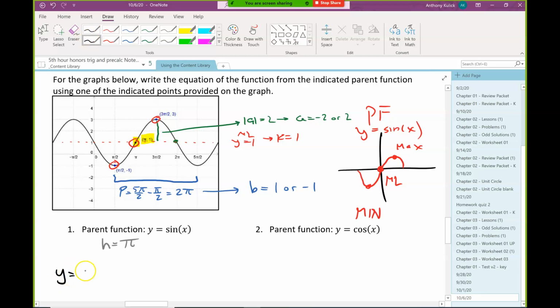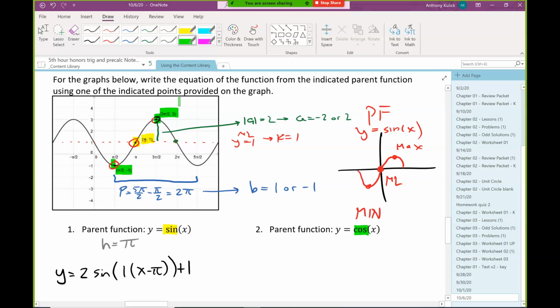So we have y equals positive a sine positive b times x minus h, plus k. Now for the cosine function, I'm either going to use a minimum or a maximum.